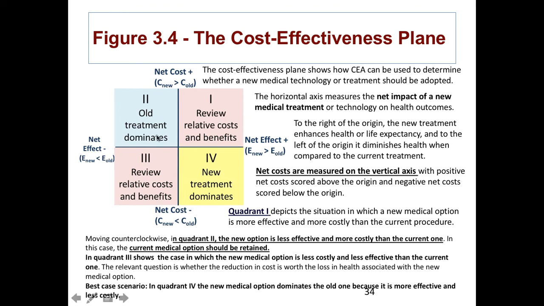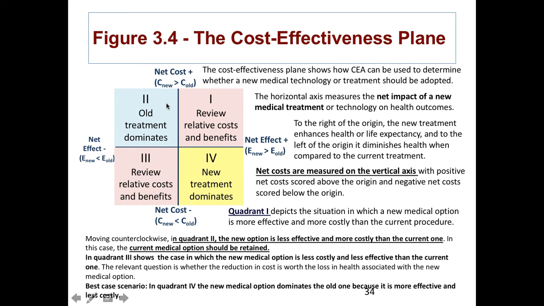As you can see here, as we go from left to right, the new treatment enhances health or life expectancy, and to the left of the origin it diminishes the health compared to the current or old treatment.